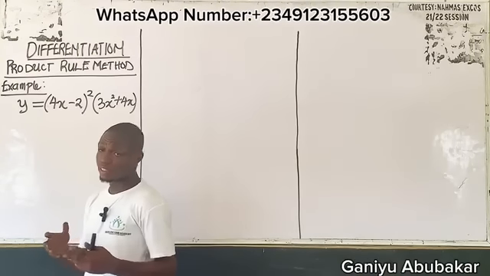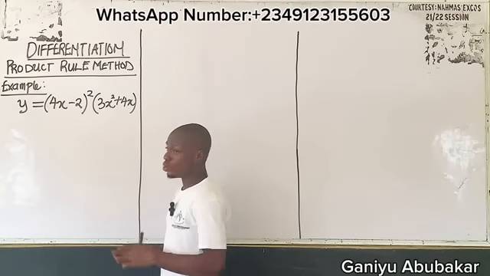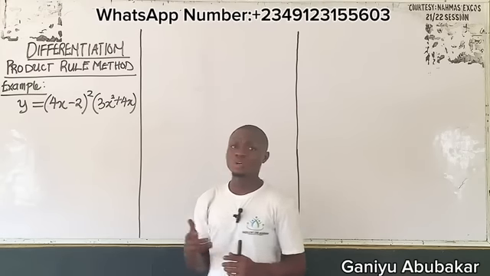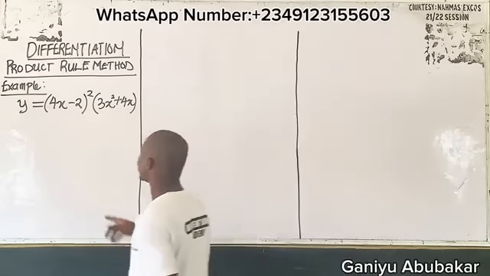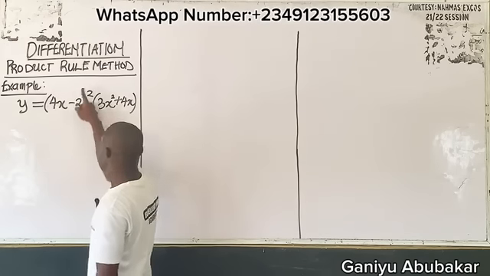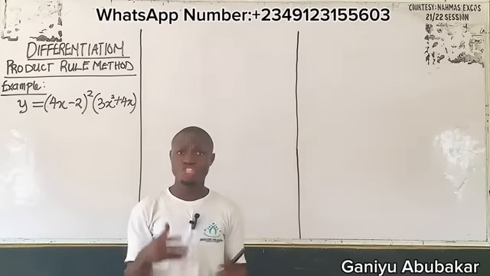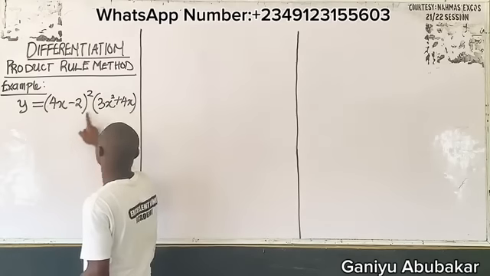Of course, yes. Why? Because I have this and this multiplying each other. Also, if I want to explain in-depth, observe that this is (4x minus 2) all squared. This one alone is referring us back to chain rule. This stuff here is a chain rule concept.